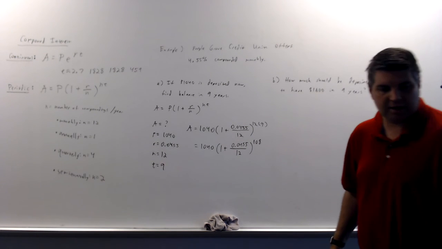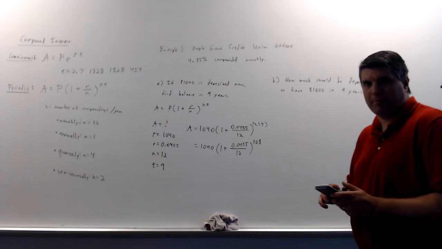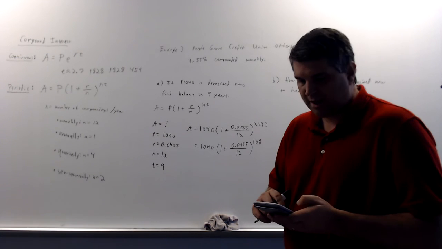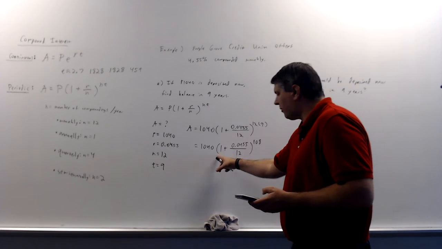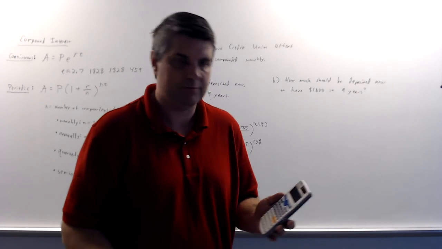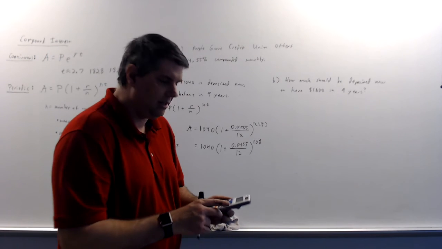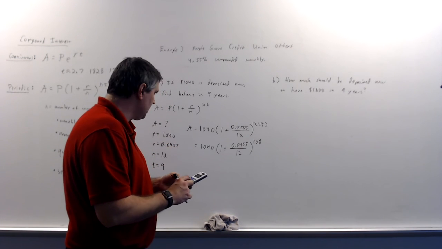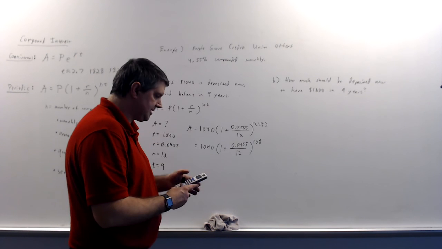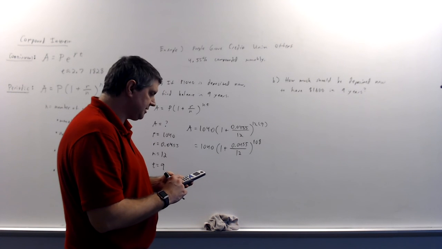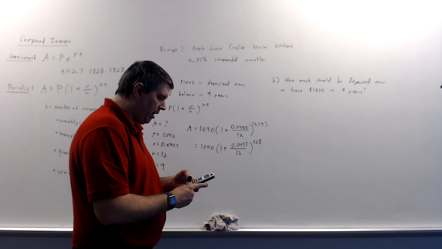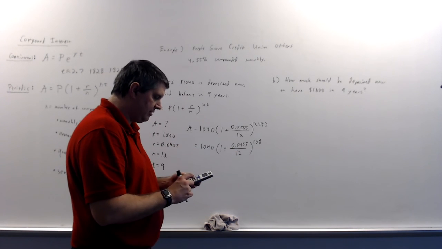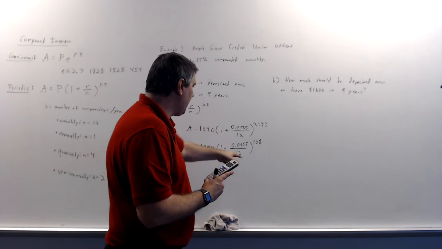Now, on most calculators this isn't going to be a problem. You just type in the 1040 times, open a parenthesis, 1 plus 0.0455 divided by 12.